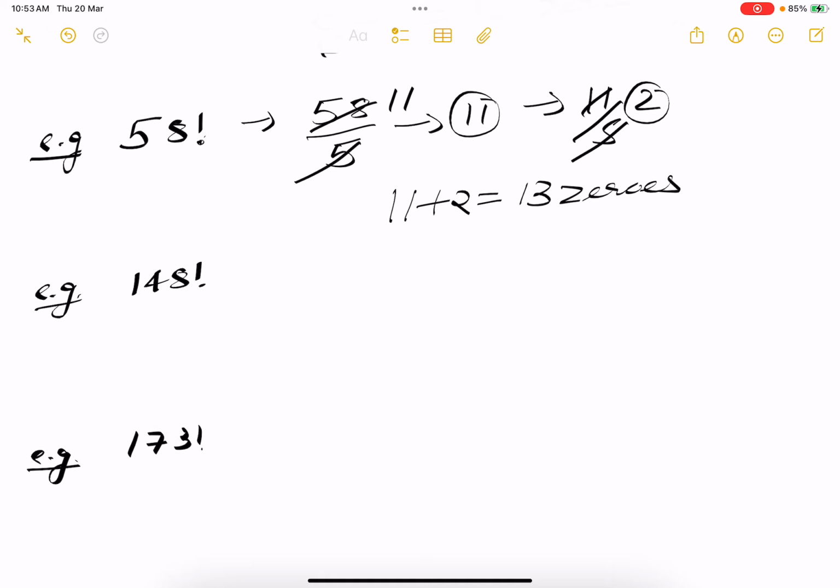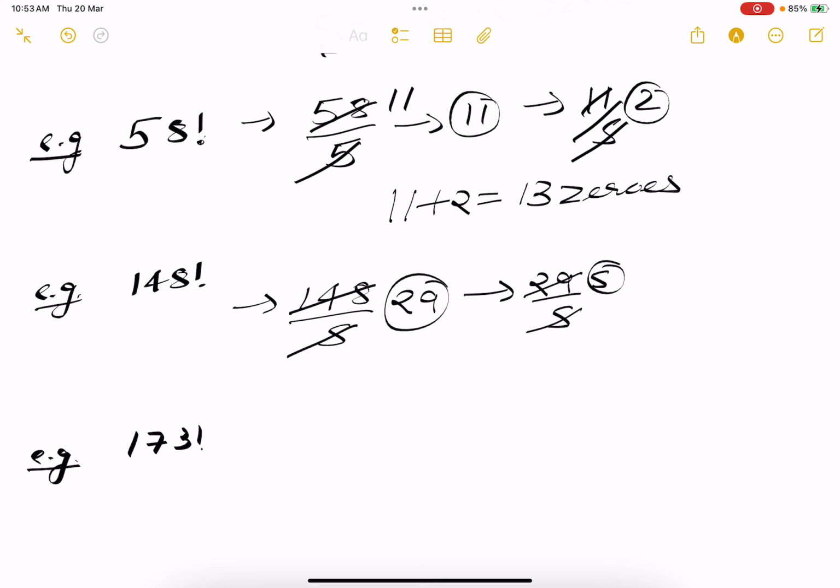Similarly, let's try for 148. If we divide 148 by 5, the quotient comes out to be 29. Now 29 is further divisible by 5. The quotient comes out to be 5. And 5 is further divisible by 5, so 5 divided by 5 is 1. So we'll add them: 29 plus 5 plus 1 gives rise to 35 zeros.